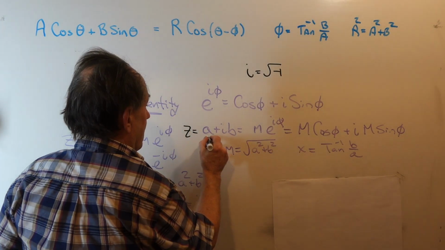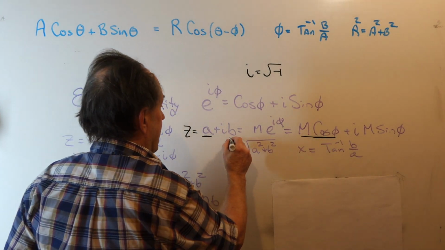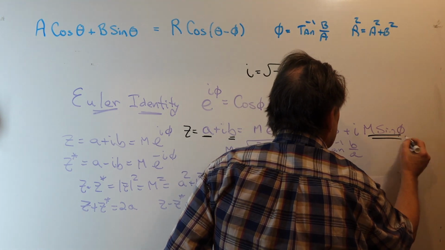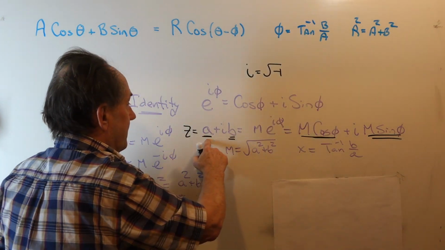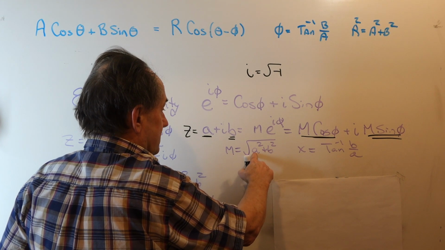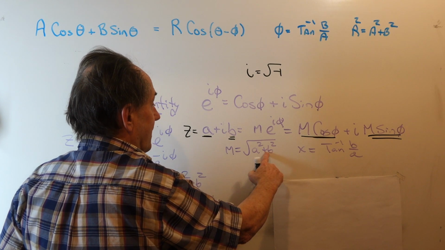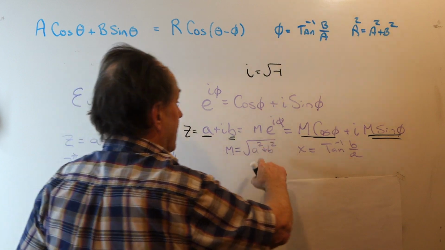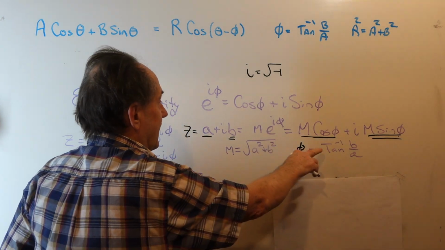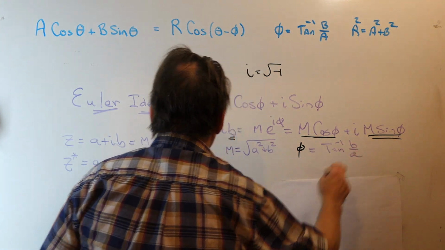Well, the A part, or the real part, is M cosine phi, and the imaginary part, B, would be M times the sine of phi. Well, M, the magnitude, is the square root of the sum of the squares of the real part plus the imaginary part, a squared plus b squared, and phi is the arctangent of the imaginary part to the real part, or arctangent b over a.